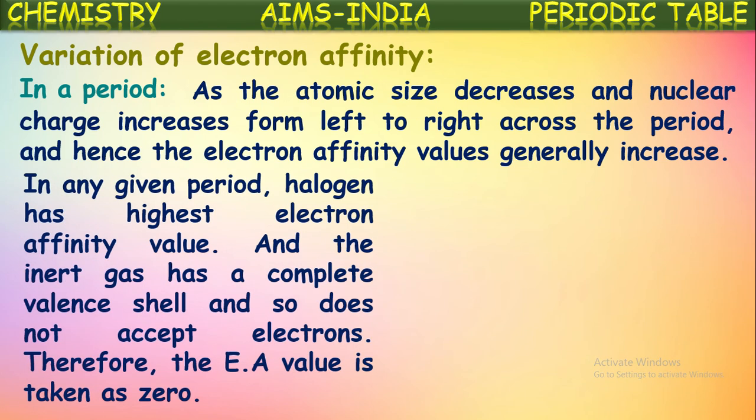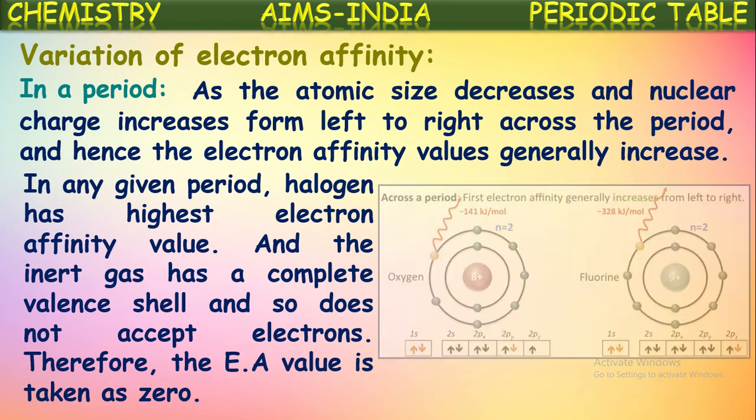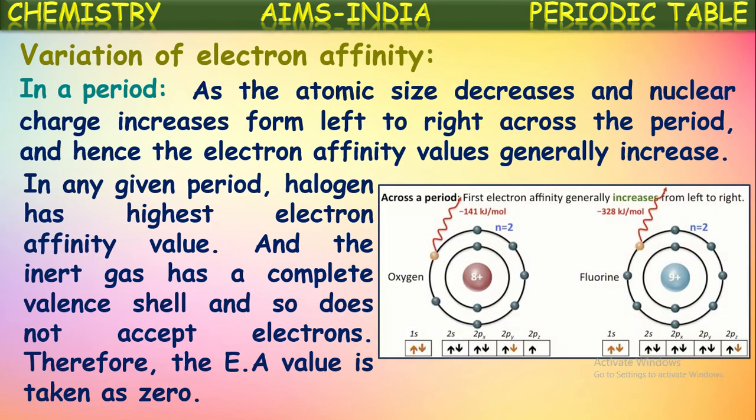In any given period, halogens have the highest electron affinity values, and the inert gas has a complete valence shell and so does not accept electrons. Therefore, electron affinity values for noble gases are considered as 0. So in a period, electron affinity increases from left to right because size is decreasing.